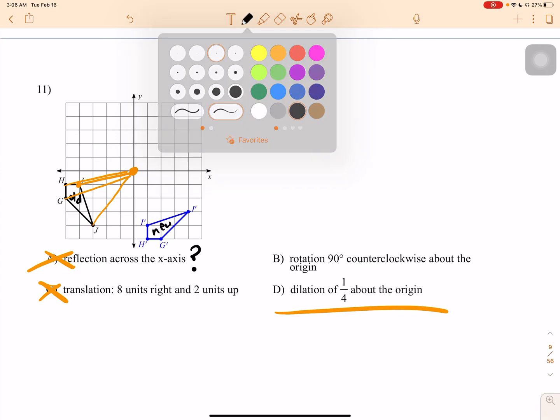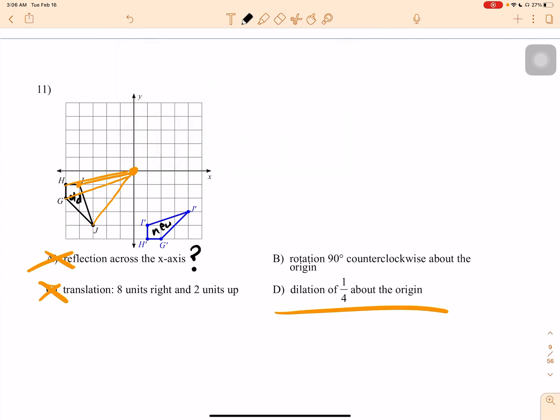And honestly, this one would be super tiny, and it would go towards the origin because it is smaller than 1. So my image would be smaller than the original. This is definitely not a dilation because this is where it would need to be, right? So that is not working. Our last bet is rotation.